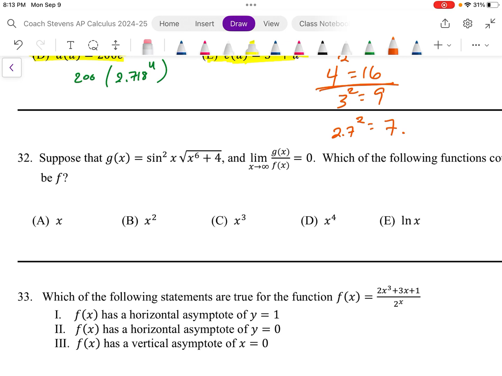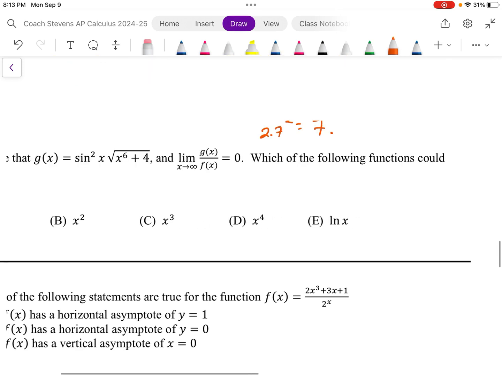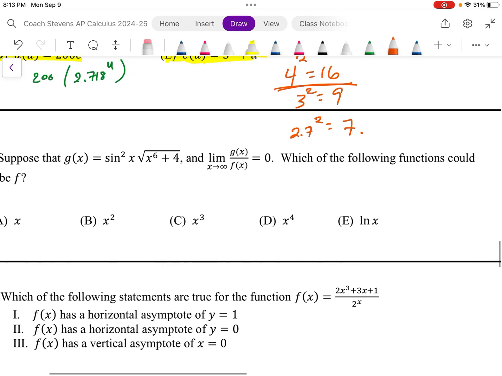32, suppose that g of x is equal to that function, and the limit as I approach infinity of g of x over f of x is 0. That means the bottom grows faster than the top. That f of x has a higher degree than the top. Which of the functions could f be?